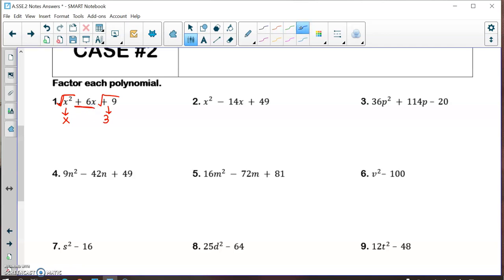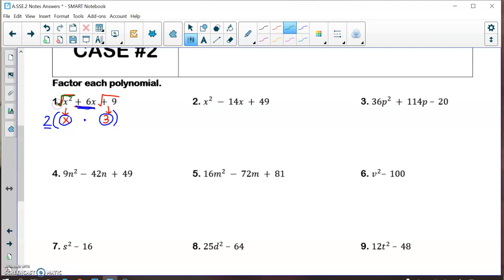So how we check our middle term is if we multiply the two square roots here, the x and the 3 together, and then multiply that by 2, we gotta see, does that equal our middle term? Well, a 3 times an x is a 3x, and a 3x times a 2 does equal a 6x. So this is a perfect square trinomial, and now we can factor.